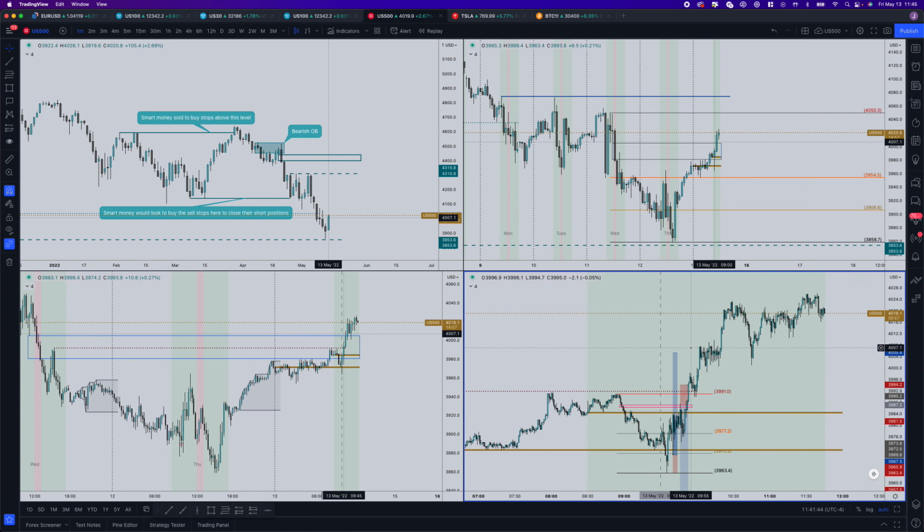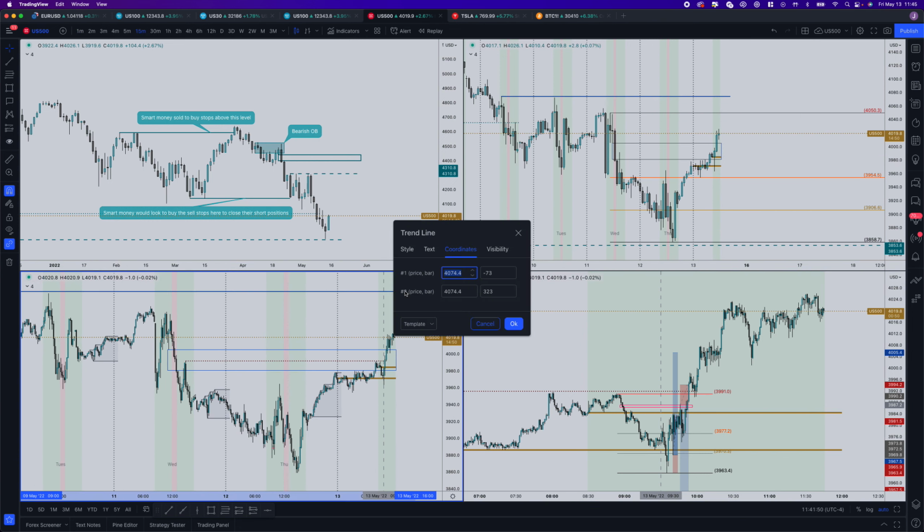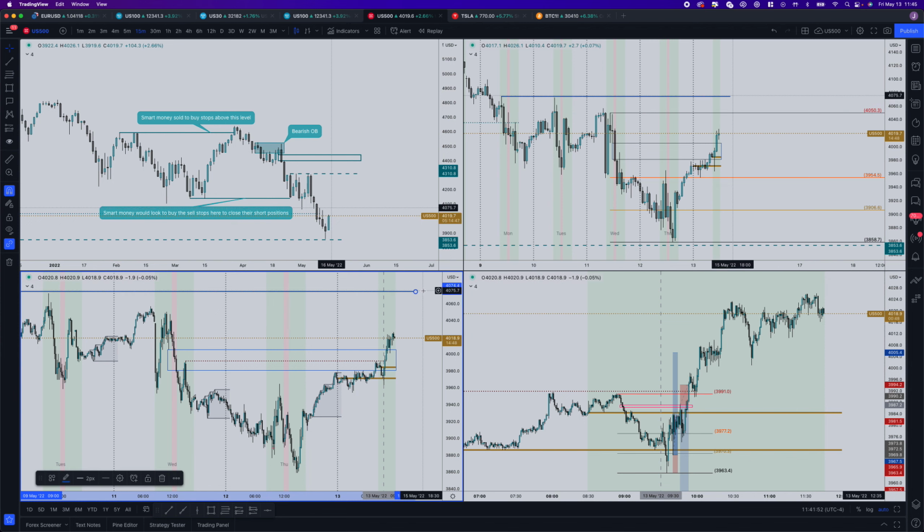And as you see, price has continued to run. At this point, I'd be eyeing this blue line up here, which is these equal highs on H1. I think we could see price retreat back up into the weekly range today.